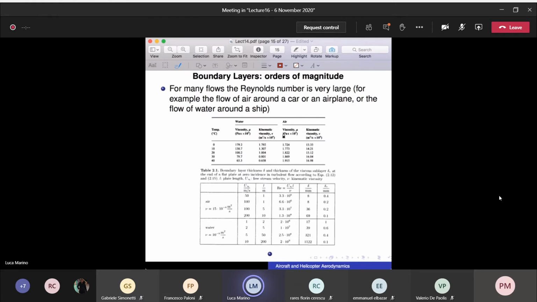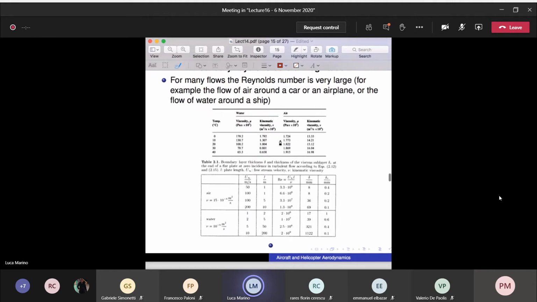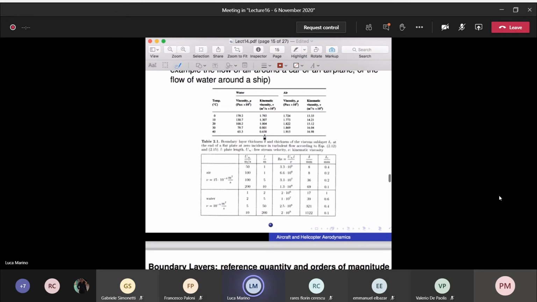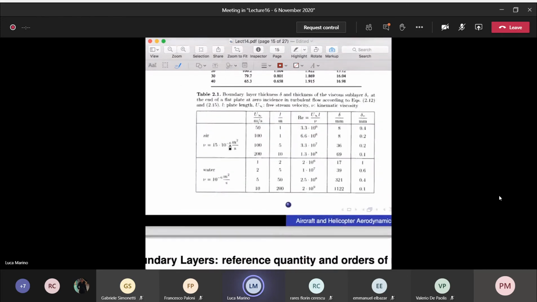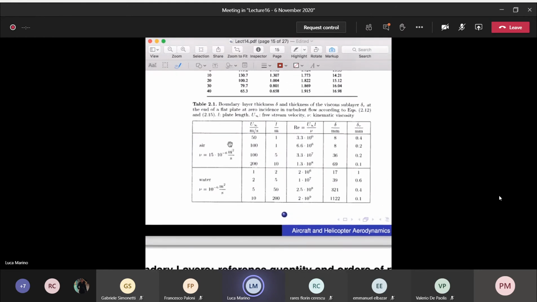This is related to the molecular models that are different for liquids with respect to gases. But neglecting for the moment the effect of the temperature, we see that the order of magnitude of the viscosity is around 10 to minus 5 for air in particular, and 10 to minus 6 if we are working with the kinematic viscosity of water. I'm interested in this table. We will speak about air because we speak about the flow over a wing.